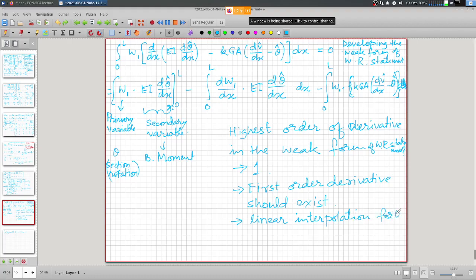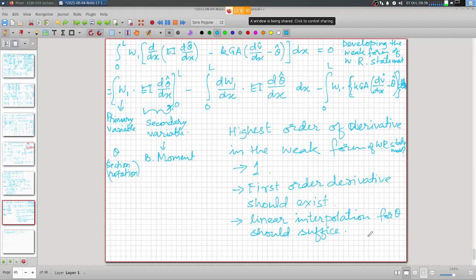Linear interpolation for theta should suffice. So linear interpolation for theta, very easy. It's a beam, so we define it by two endpoints. We have the primary variable at two endpoints, and we can fit a linear polynomial between the two primary values at the two end nodes.